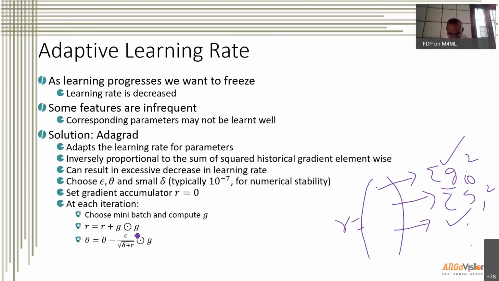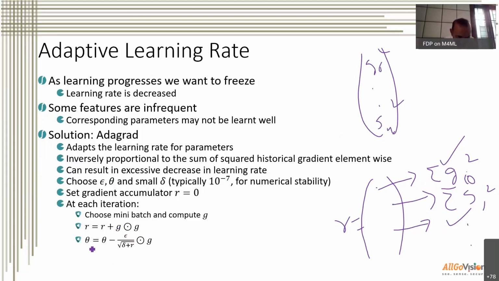So if you multiply g by g of the current gradient, you still get a vector from g0 squared to gD squared, right? So you accumulate. R is still the same vector I talked about, and it keeps maintaining it.